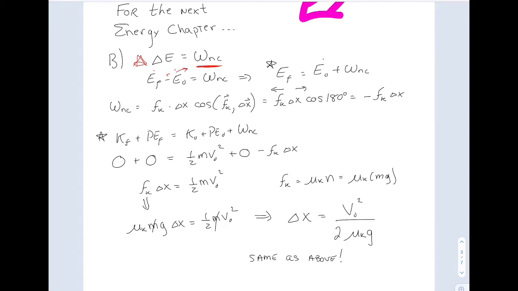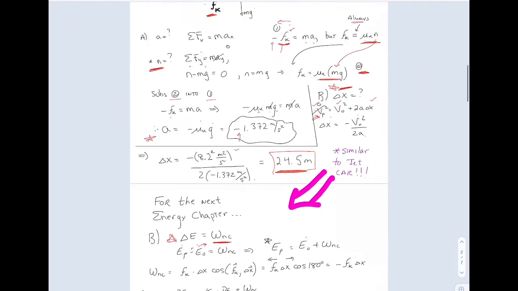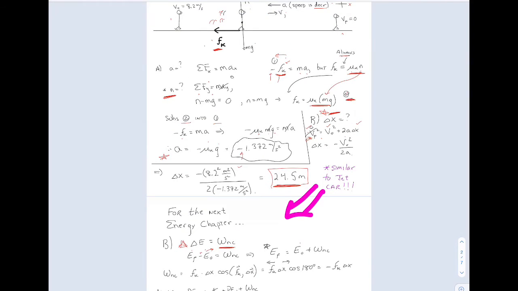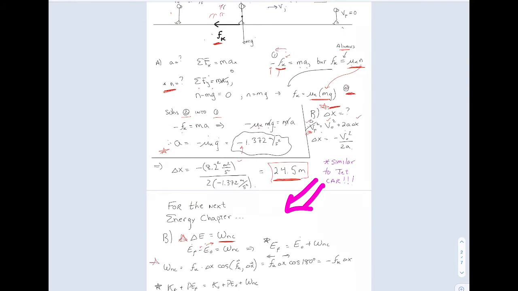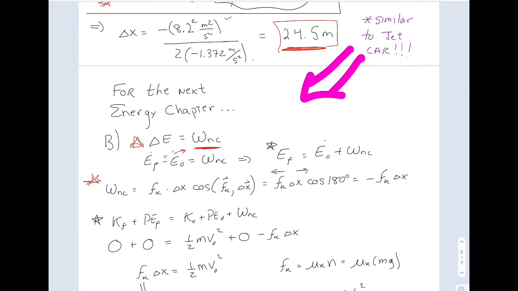Then I have to ask, are there any non-conservative forces that do work? Yeah, kinetic friction force does work. That kinetic friction force points backwards. Remember, to find the work done by a force, it's the force times the distance the object moves, times the cosine of the angle between them.